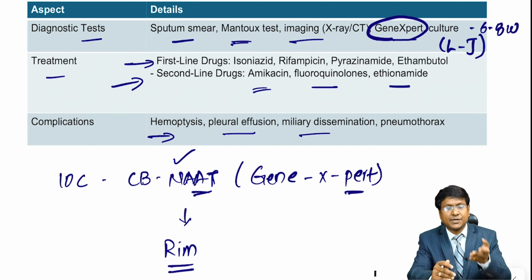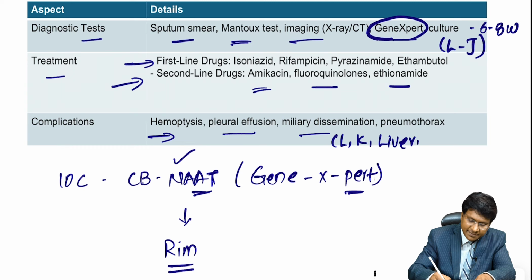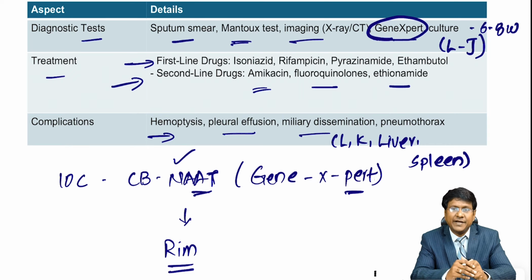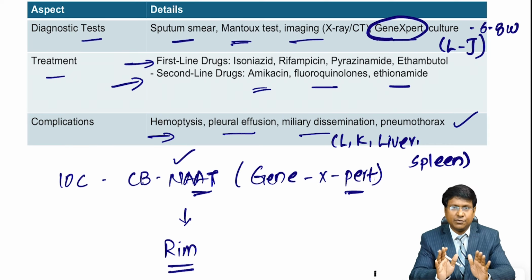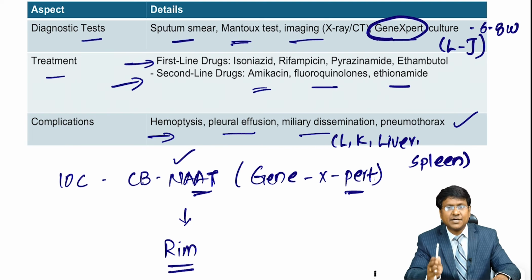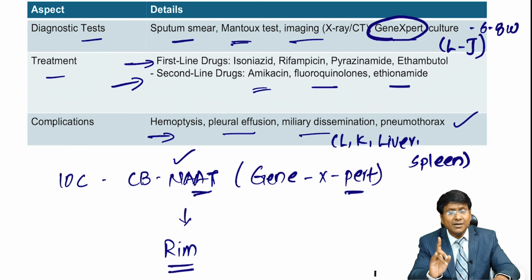Along with the lung, the organism can be spread to the kidney, the liver, and the spleen. These are the other sites where there can be miliary tuberculosis. Then there can be development of pneumothorax as well, where there is rupture, and this pneumothorax will cause atelectasis. Patients will present with sudden onset dyspnea. So these will be the complications.